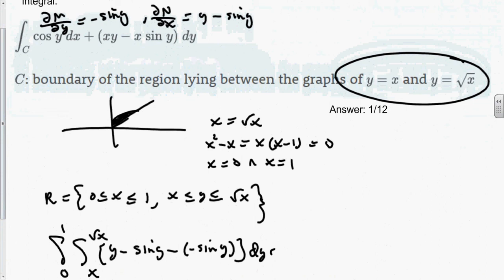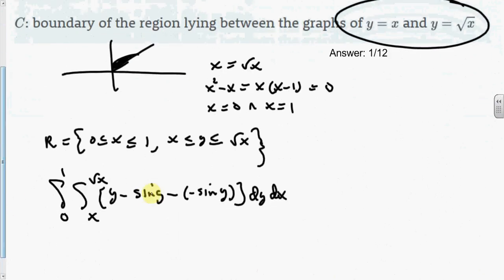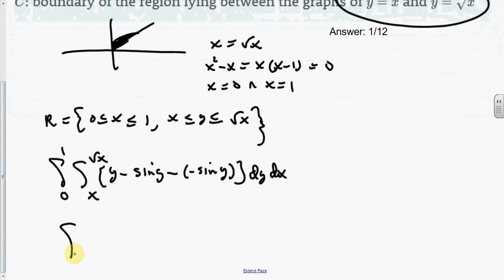And this is dy dx. You see the sine y is going to cancel out. That was neat about that one. And so the work left was not that much. This is just y dy dx. And then you can solve for that, and you'll get the answer 1 over 12.